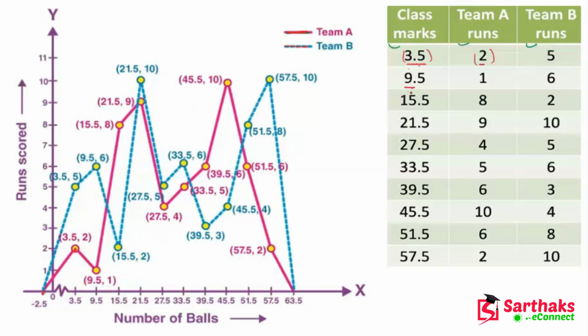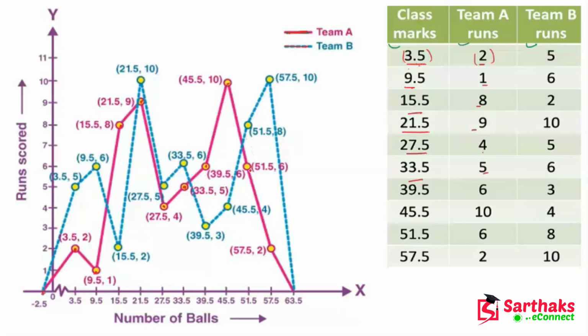Now 9.5 comma 1, then 15.5 comma 8, 21.5 comma 9, 27.5 comma 4, 33.5 comma 5, 39.5 comma 6, and 45.5 comma 10.